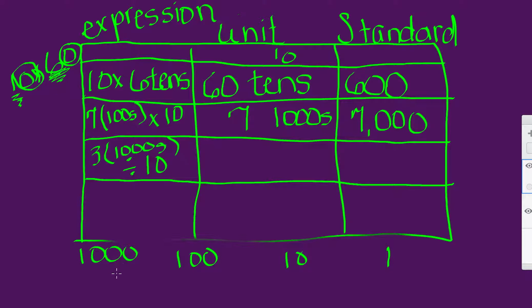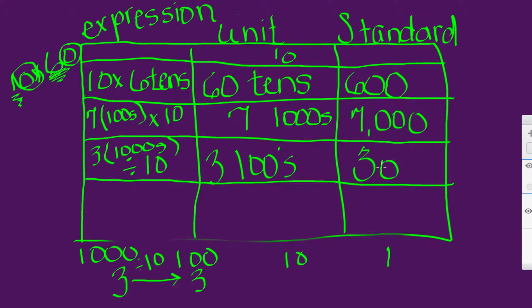If I'm in the thousandths and I have 3, now I need to get smaller and divide by 10, move over 1 column. So this 3 thousandths divided by 10 gives me 3 hundredths. So 3 hundredths is written as 0.03.